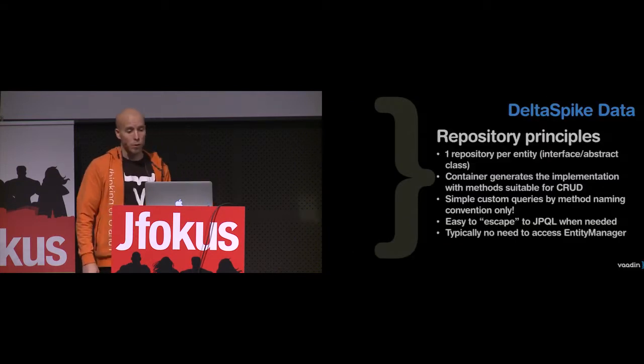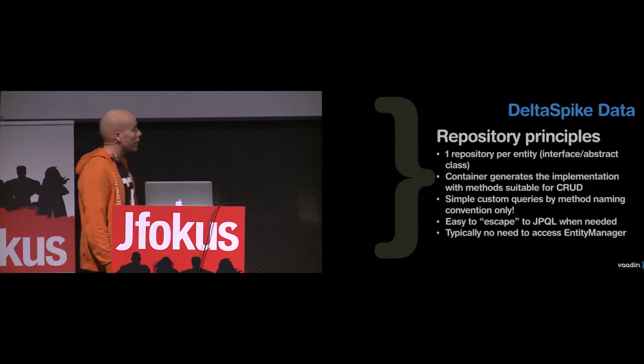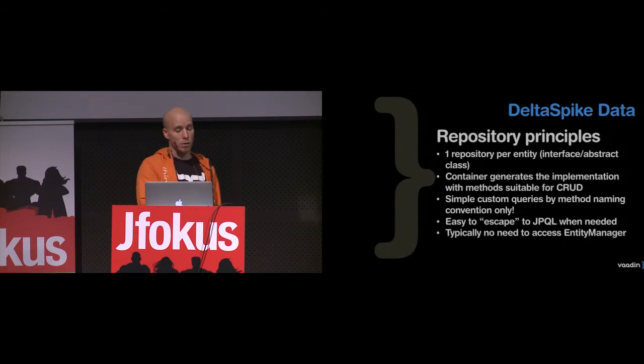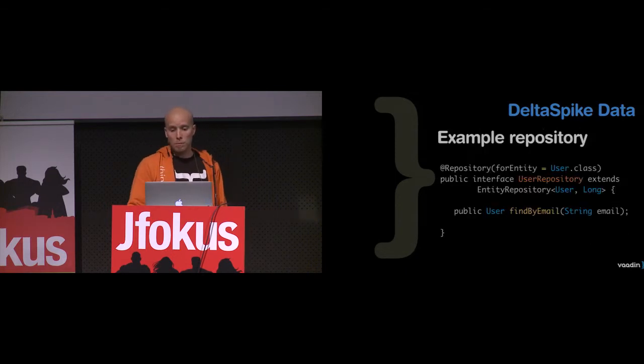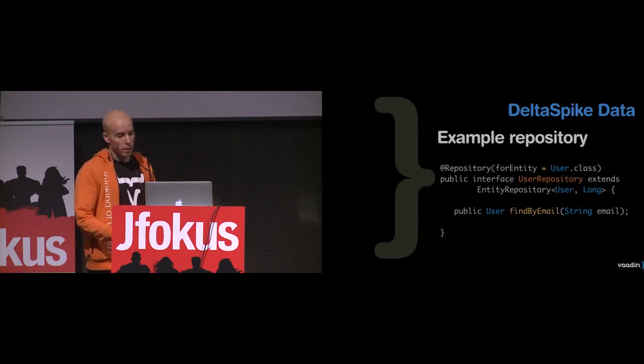And typically, you will not need to access the entity manager directly at all. Of course, it's used there behind the scenes. And this is pretty much, it's not the same repository. I think the previous one had customer and this one has a user, but it's pretty similar in nature. So this is in DeltaSpike Data. It's a bit different.